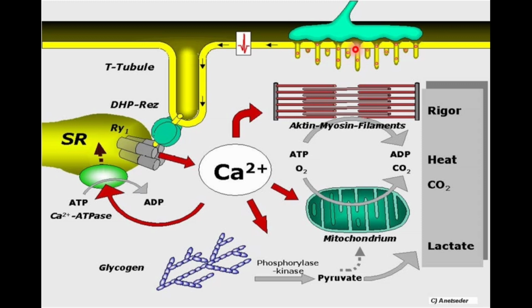Activation of the nicotinic receptor induces an action potential in the cell membrane, which is propagated through the T-tubule system, and consequently release of calcium ion from sarcoplasmic reticulum. Release of calcium causes shortening of myofibril and therefore development of tension.